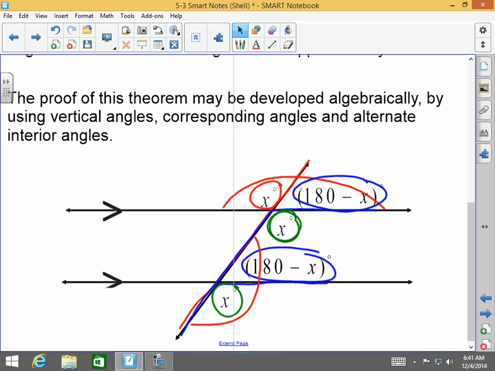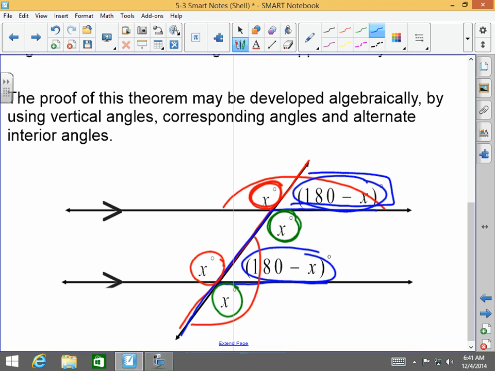By using vertical angles, this one is also x, or using corresponding angles, this has to be x. Using vertical or supplementary angles, if this is 180 minus x, then this has to be 180 minus x as well.